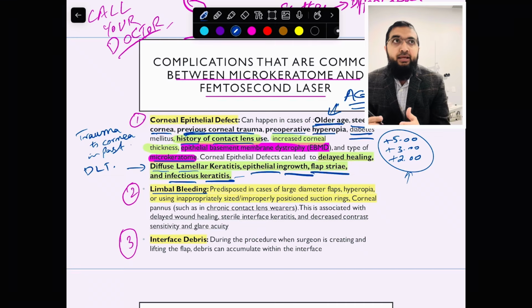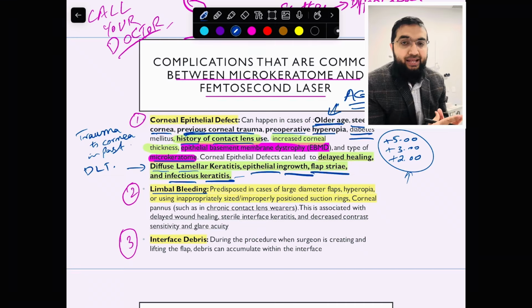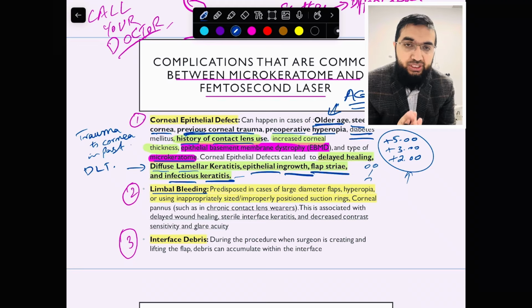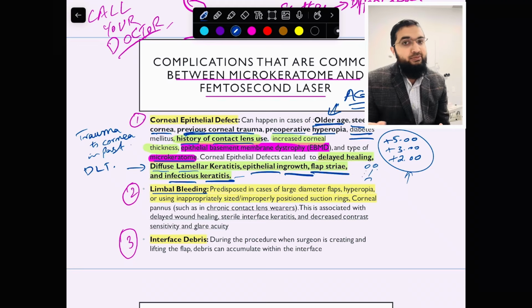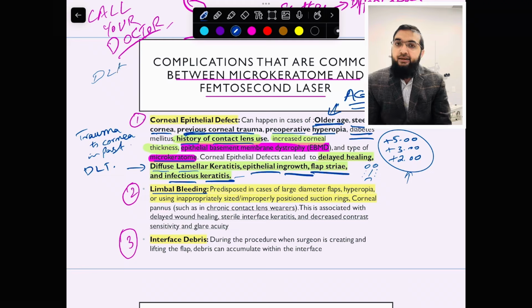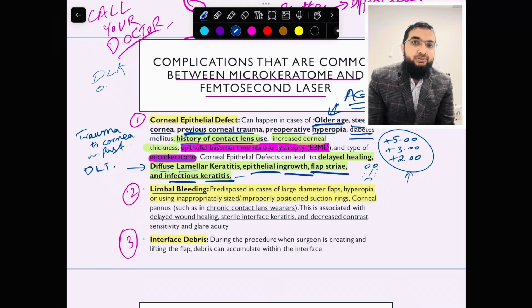That's why corneal epithelial defects are not a favorite thing for any surgeon. They don't want to see that because they cause these healing issues, flap issues, flap striae, infectious keratitis, DLK. We don't want that. So please stay in touch with your surgeon.